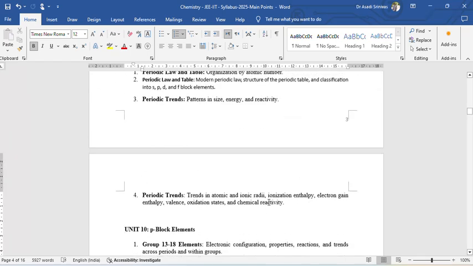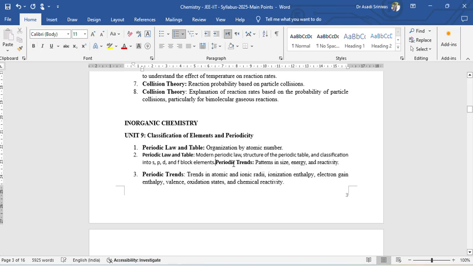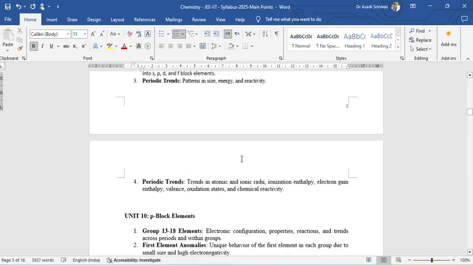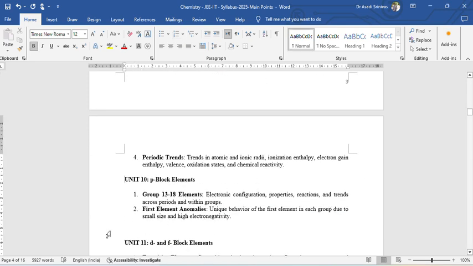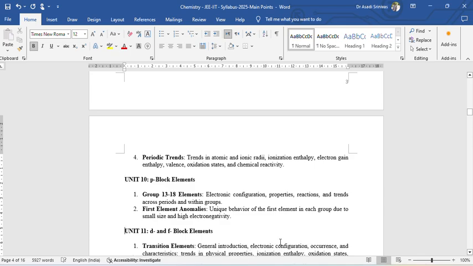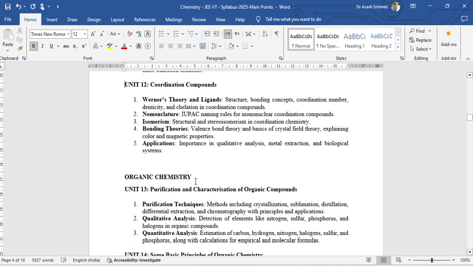The isomerism, structural and stereoisomerism in coordination chemistry. Bonding theories: valence bond theory, basics of crystal field theory, explaining color and magnetic properties. Their applications and qualitative analysis, material extraction, biological systems, etc.